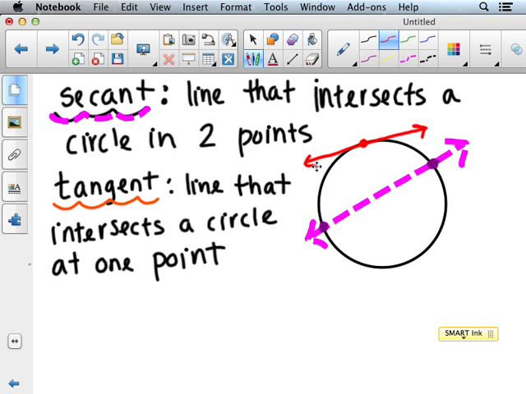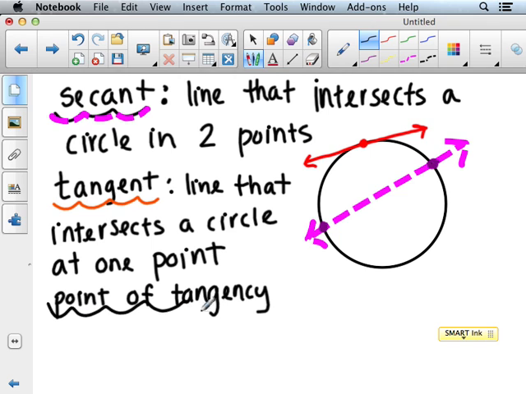Notice the secant touches in 2 spots and the tangent only touches in 1 spot. Next one, we've got point of tangency. Well, point of tangency is just the point where it touches the circle. And I'm just going to draw an arrow there. So there's my point of tangency right there.